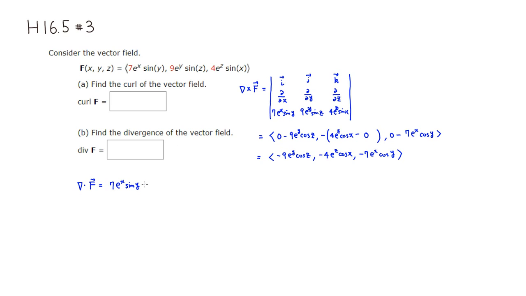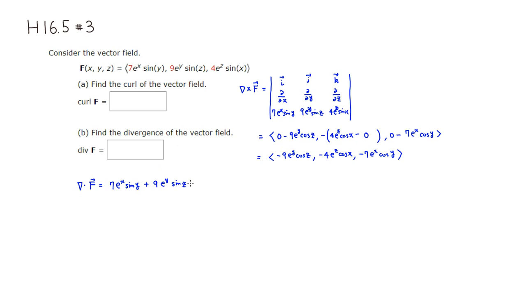Plus the partial derivative of the second component with respect to y. 9 is a constant and sine of z is a constant, but the partial derivative of e to the y is still e to the y.